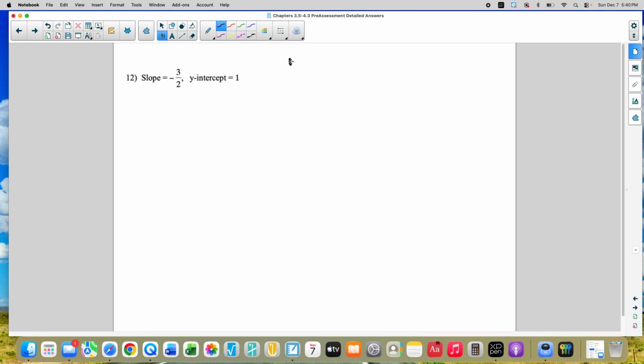So, point slope. If you want to do point slope, you could do y minus. This y-intercept is a coordinate, 0, 1. So you can put y minus 1 equals -3/2 times the quantity x minus 0. That's one of many points.